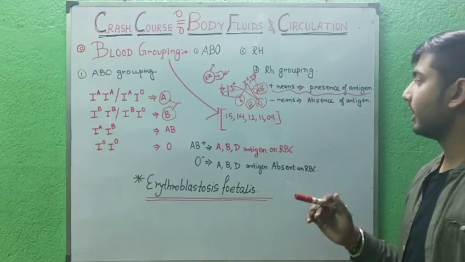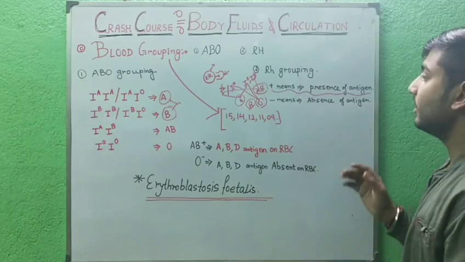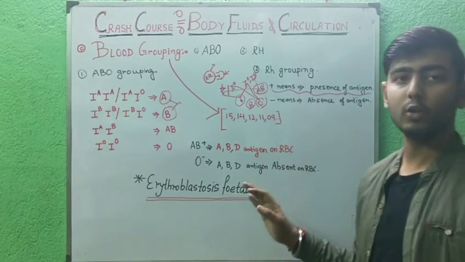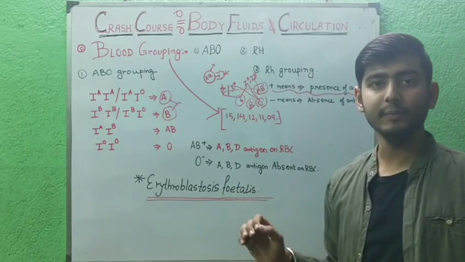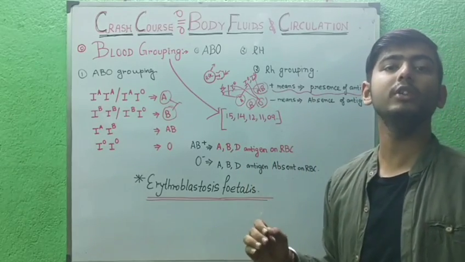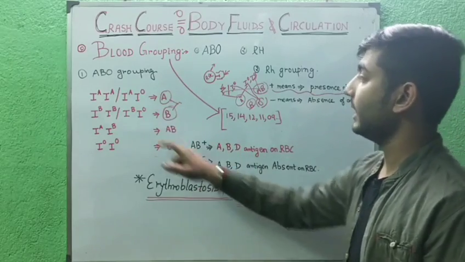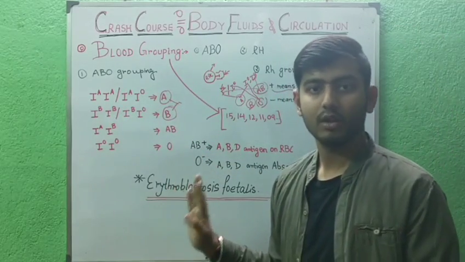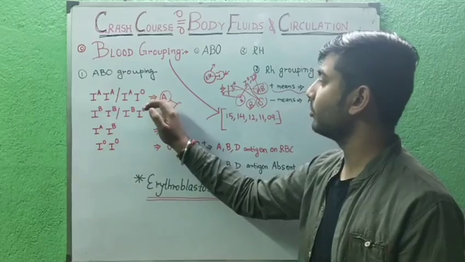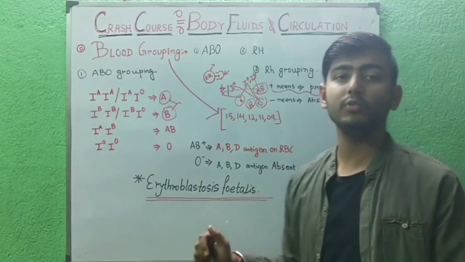One more important thing in blood grouping: if there is presence of antigen, the corresponding antibodies will be absent. For example, in an A blood group individual, A antigen is present, so anti-A antibodies will be absent.